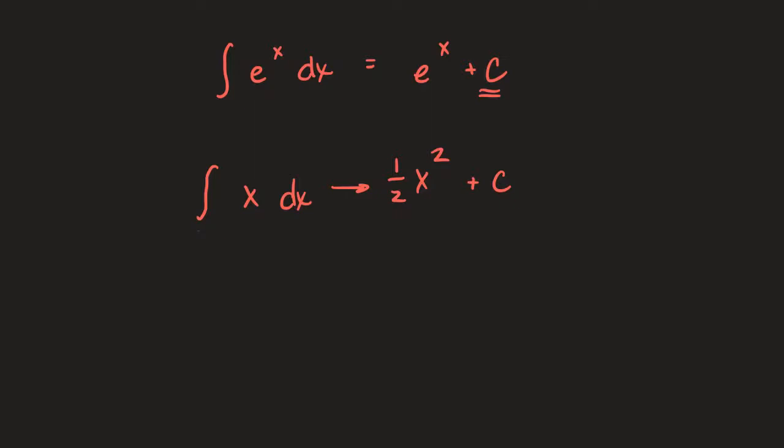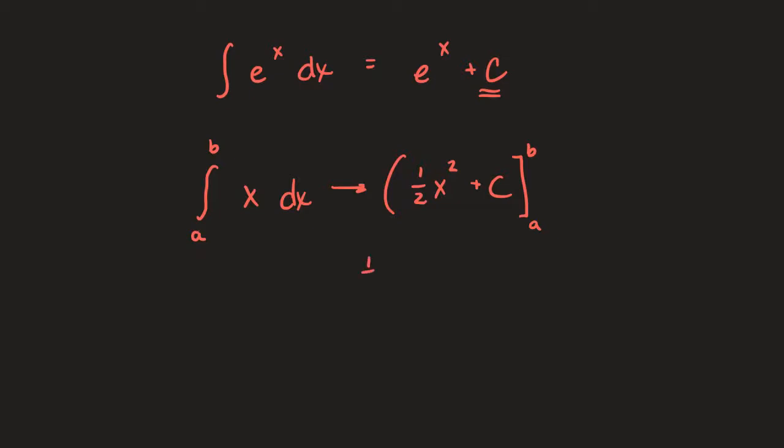Now, the reason why this constant doesn't exist when I put in limits is because when I find my antiderivative, even if I was to put a constant in there, the constant won't be present after I put in my limits.